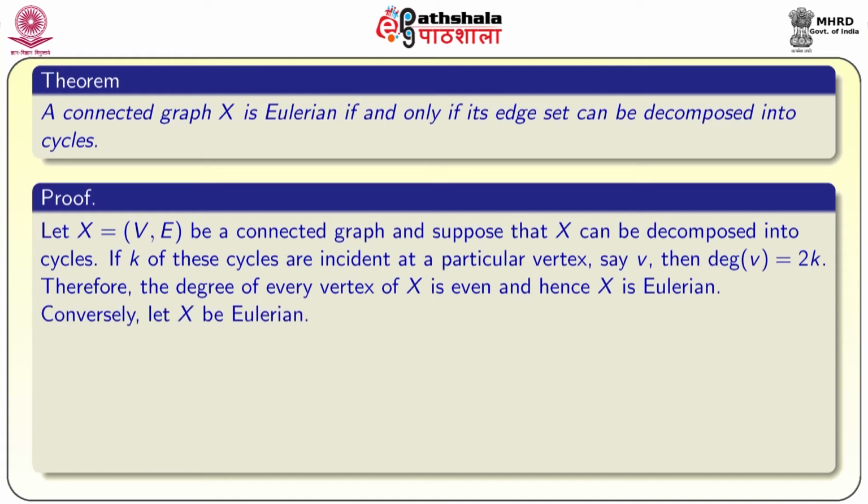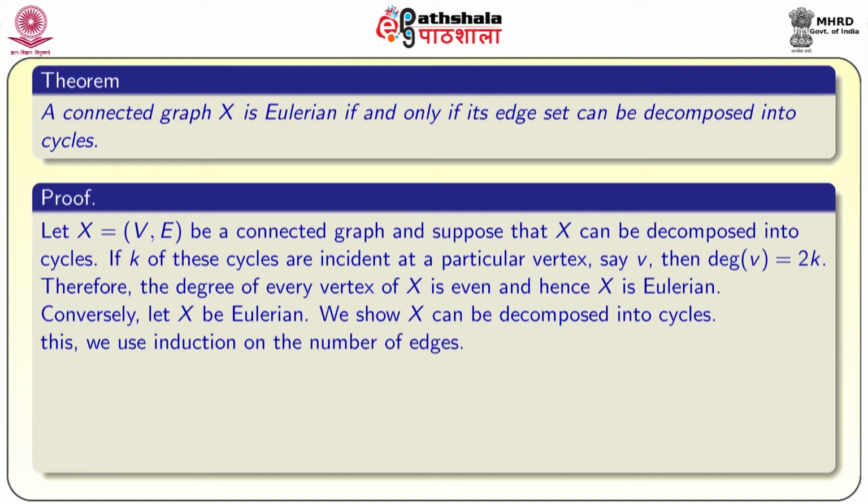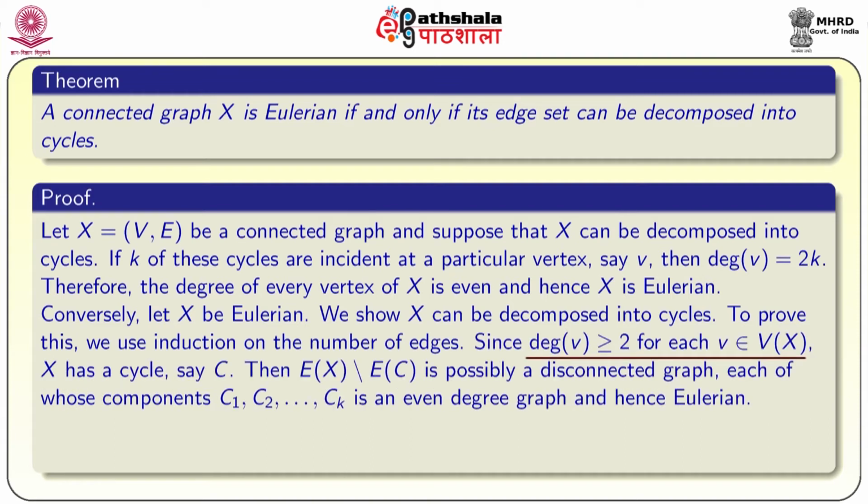Conversely, let X be an Eulerian graph. We now show that X can be decomposed into cycles. To prove this, we will use induction on the number of edges. Since the degree of V is greater than or equal to 2 for every vertex V belonging to V of X, X has a cycle, say C. Then E of X minus E of C, that means we are deleting all edges in the cycle C, is possibly a disconnected graph, each of whose components C1, C2 and so on Ck is an even degree graph.